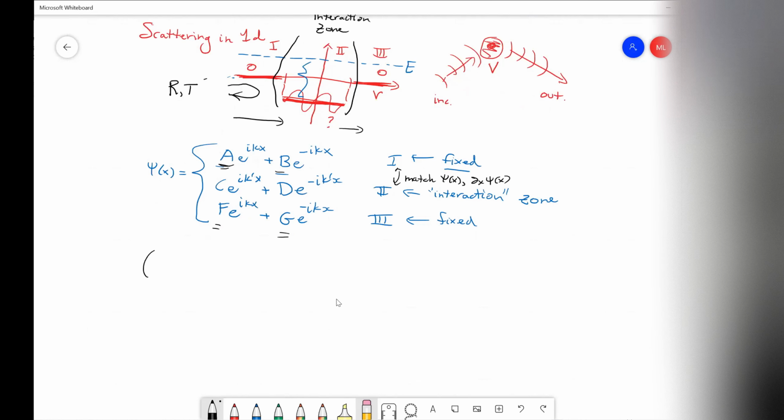And in the end, we would get some relationship, a linear relationship between the coefficients A and B and the coefficients C and D. And we can write that relationship as a matrix multiplication. And why is it like this?